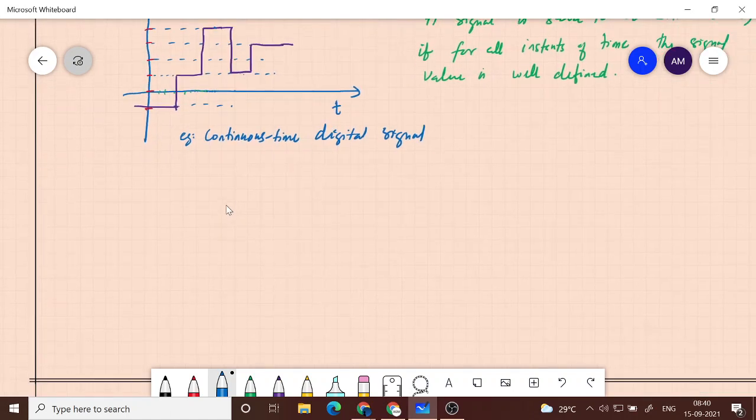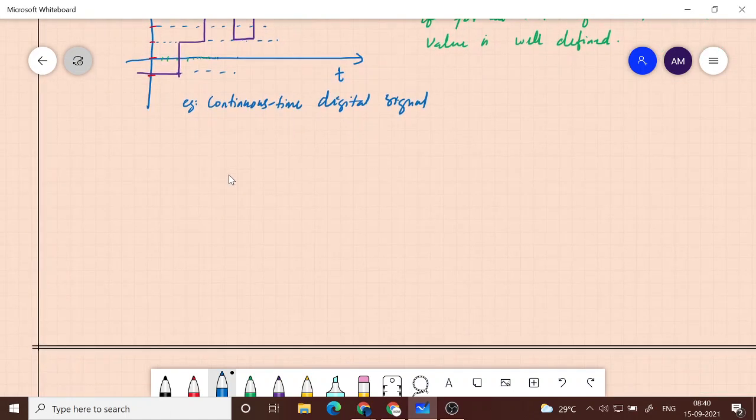So now let's look at a discrete time analog signal. For that let us draw another graph.